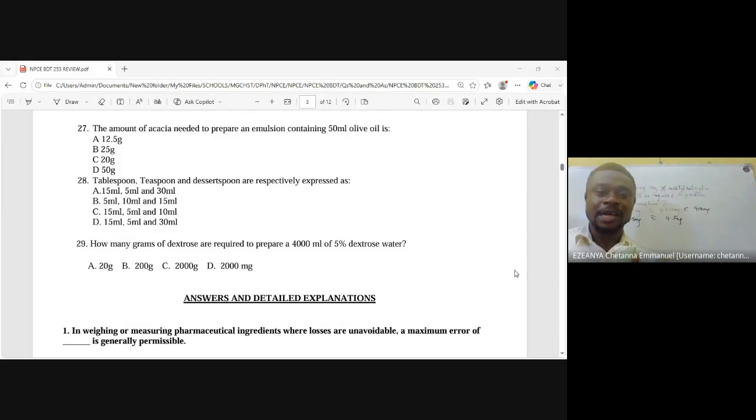This is the fastest step to take. You don't have to waste your time. Just divide the amount of the product in the master formula by the amount of the product in the given formula, and you get your either enlargement or reduction factor.